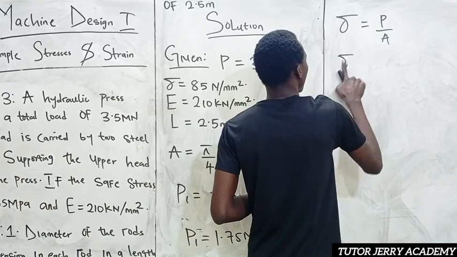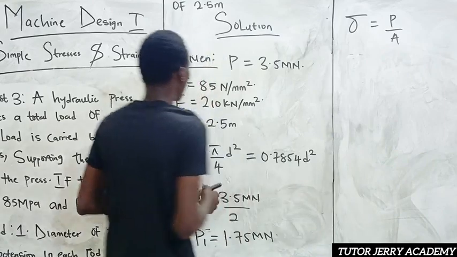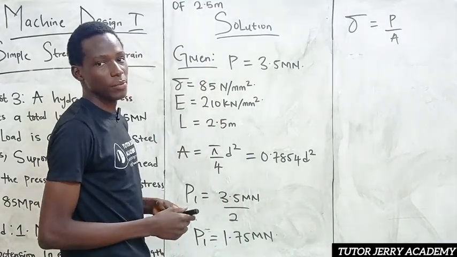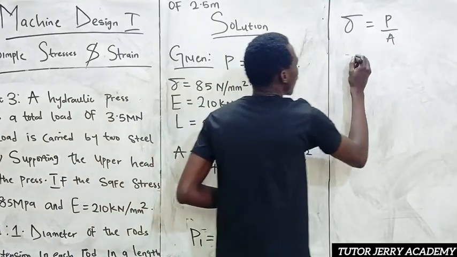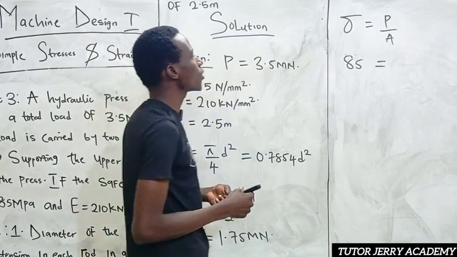So our sigma from this question is nothing but 85 newton per millimeter square. So I'm going to be putting 85 here. This will be equal to our load.